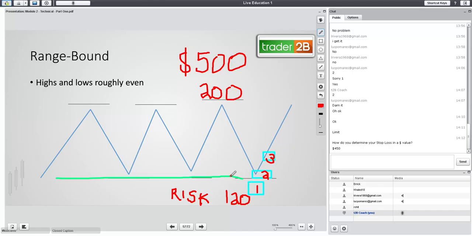And so for simplicity's sake, let's say, for example, we put on 200 shares of, let's say, MU, right? And MU is trading at let's say $55 per share, right?